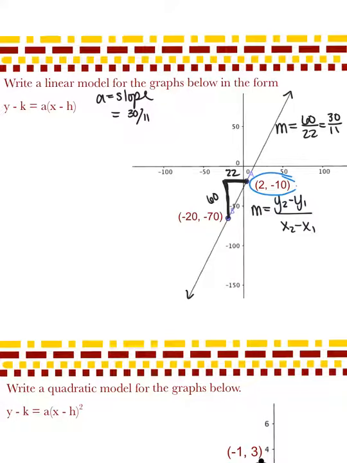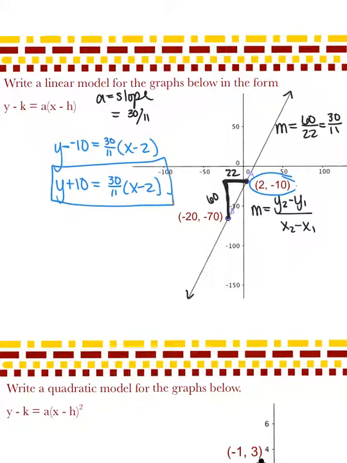So I'll have y minus my k, my y value, -10, equals my slope, 30 over 11, times x minus 2. And to clean that up, my minus and negative, change that to a plus. So there is a model for the line. Of course, you could have chosen your other point if you wanted to use this other point.